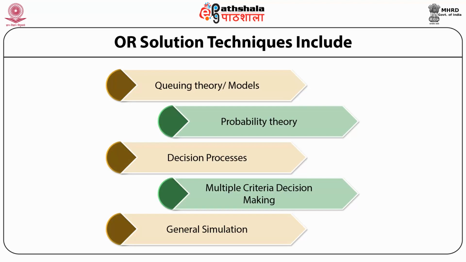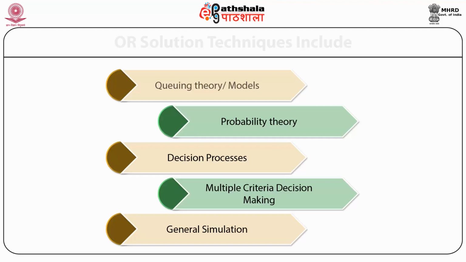In fact, most of these are usually not very applicable in the library science field. However, network analysis in the form of PERT CPM has been effectively applied in preparing or scheduling library projects. In many cases, linear programming, multiple criteria decision making and decision processes have also been applied in library and information organizations.